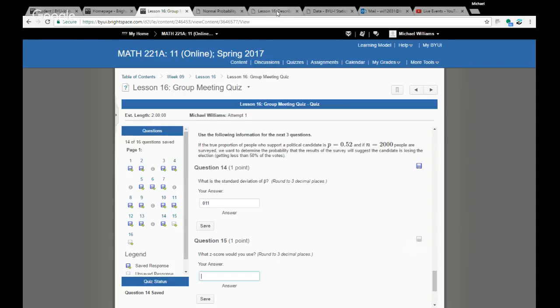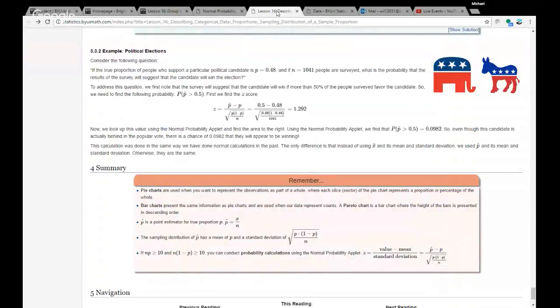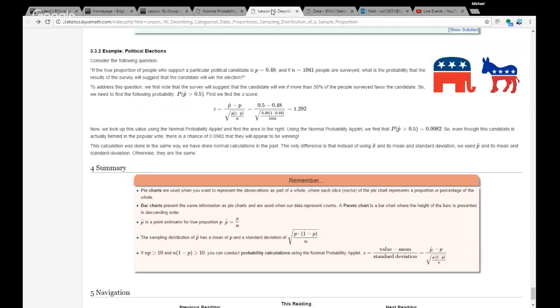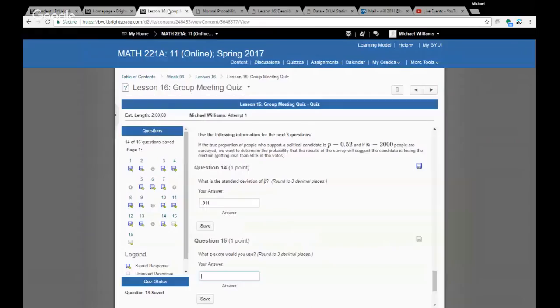Minus the mean. So 0.50 minus our mean, which is 0.52, divided by the standard deviation we just got, 0.011.